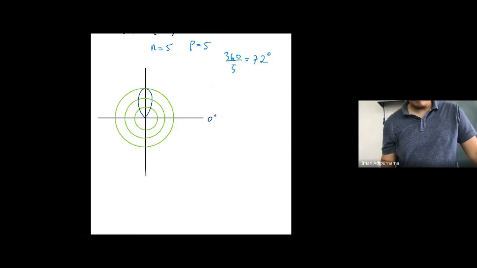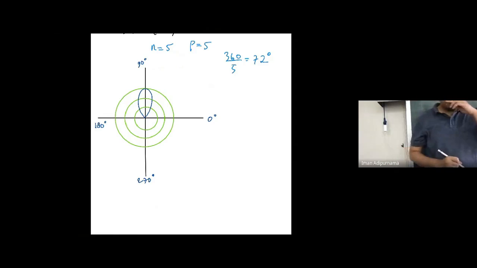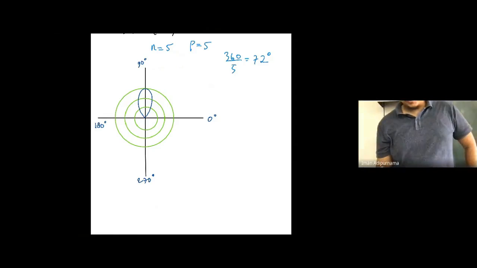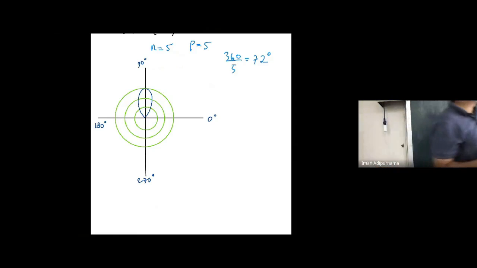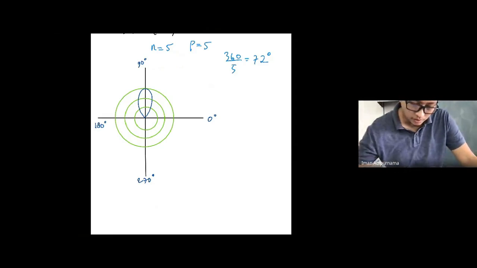And let me mention the degrees. This 180, this 270. Okay, now because the difference is 72, so 90 going here is 162, maybe around here.